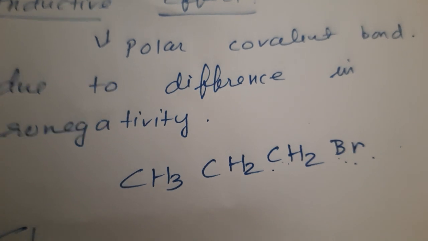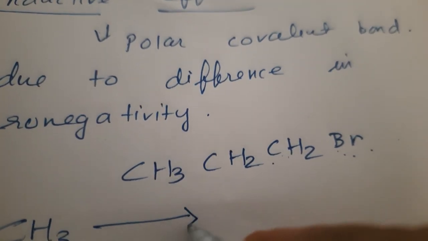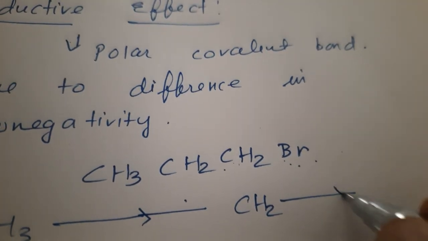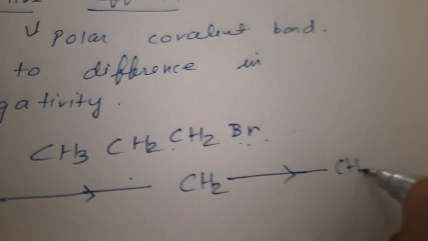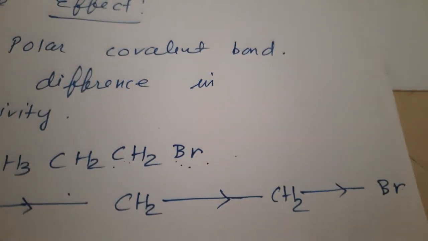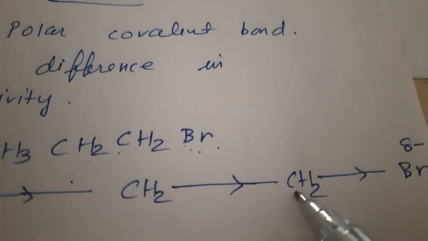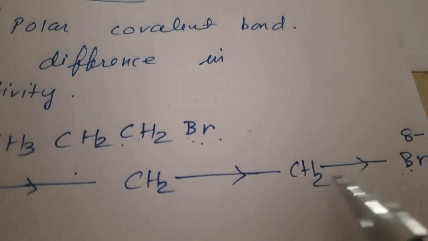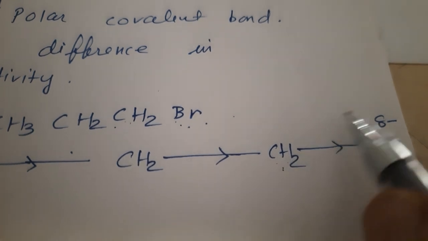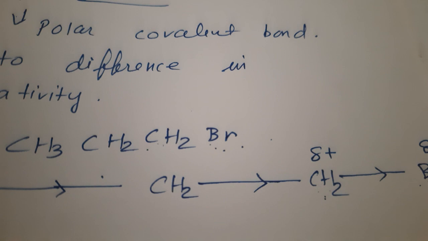So CH3, CH2, CH2, Br: the bromine gets delta minus charge because the bond becomes polar, and delta plus charge will develop on this carbon.